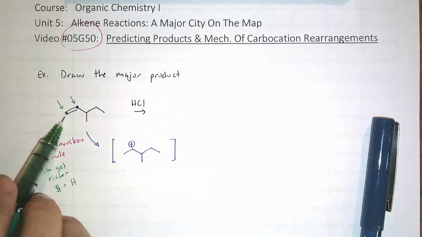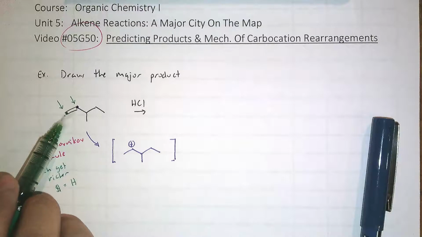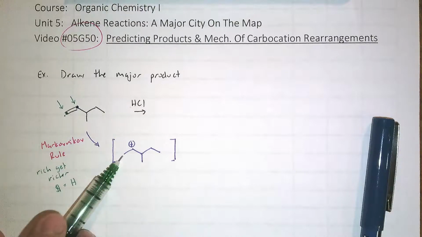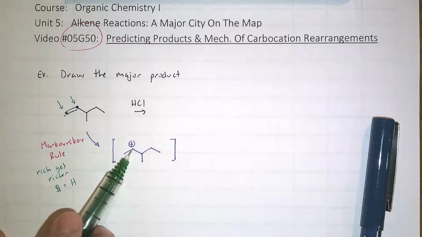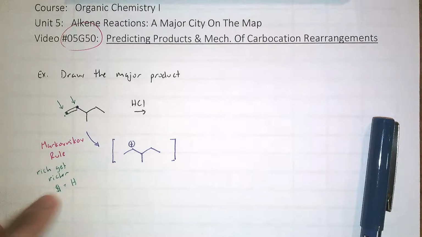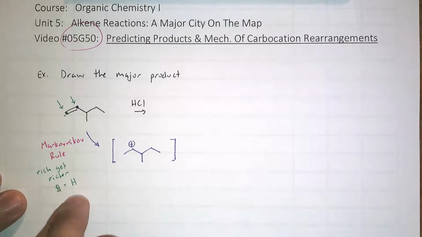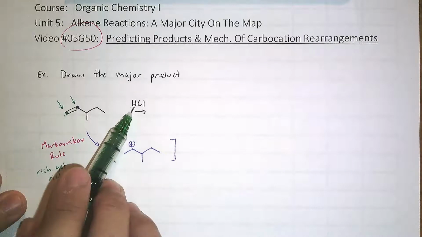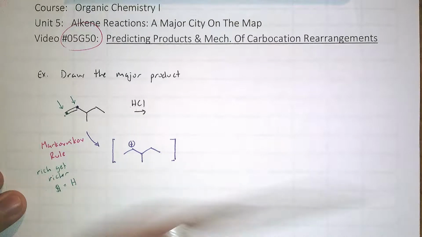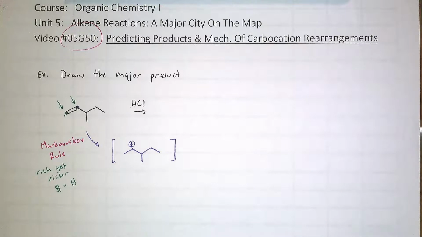So this carbon is richer in hydrogen, so it gets the third hydrogen, and that's why this is a CH3 group. This carbon here doesn't get anything, so it's naked, and it only has 3 bonds. So again, I like to say the rich get richer. Find out which carbon has more hydrogens, and that's where this hydrogen goes. We form a secondary carbocation.